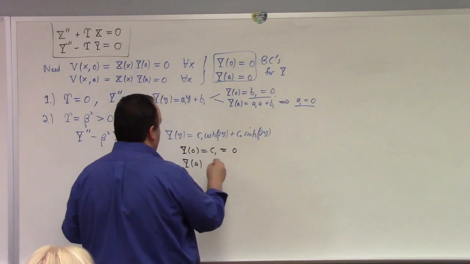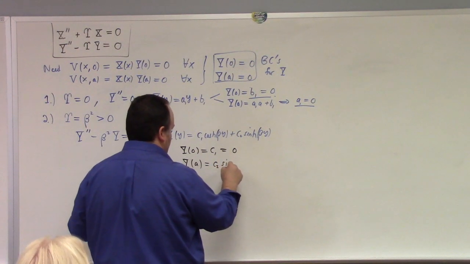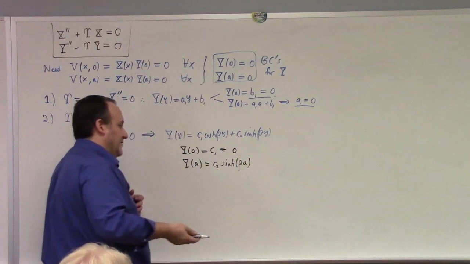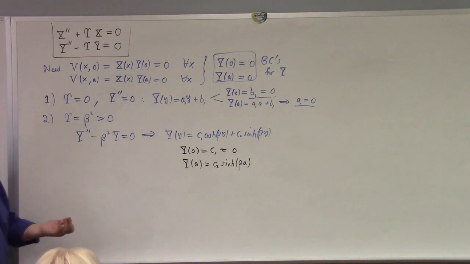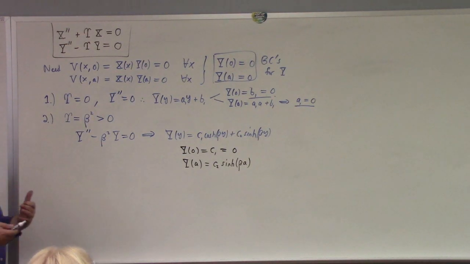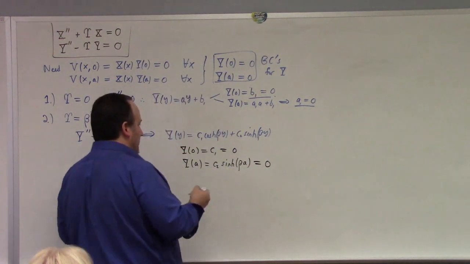Y of a is c2 sinh of beta a, all right? But sinh is only 0 at 0, and we're assuming a and beta are both non-zero, which means sinh of beta a is non-zero. And as such, by process of elimination, c2 must be 0, since this is equal to 0 by the other boundary condition. Lo and behold, nothing to see here.